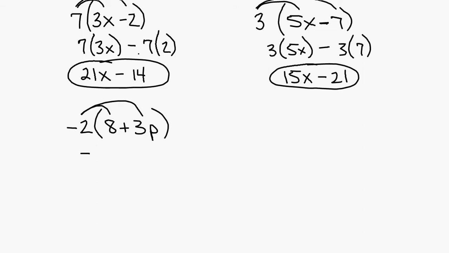So you've got negative 2 times 8 plus negative 2 times 3p. Your negative 2 times 8 is negative 16 plus negative 2 times 3p would be negative 6p.